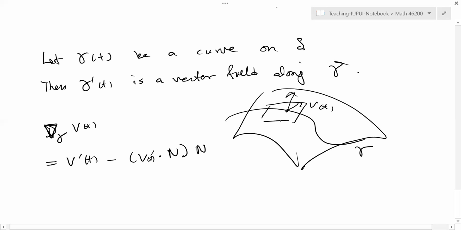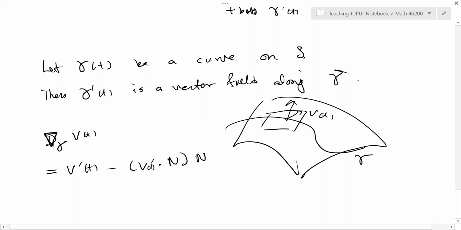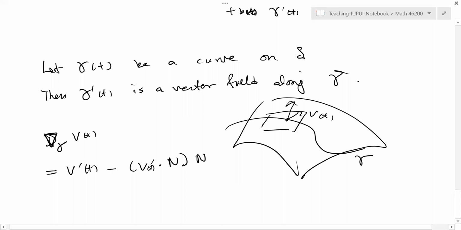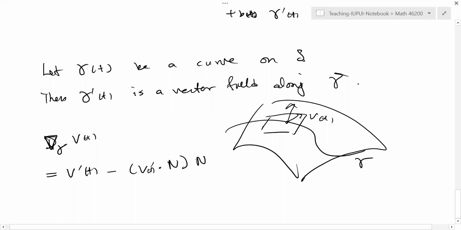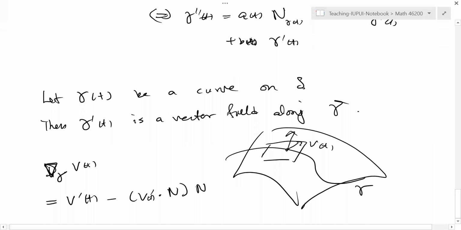So V(t) is going to be a tangent vector. Then V prime of t. So that means we only consider when you differentiate in the usual sense, and then you have two parts.